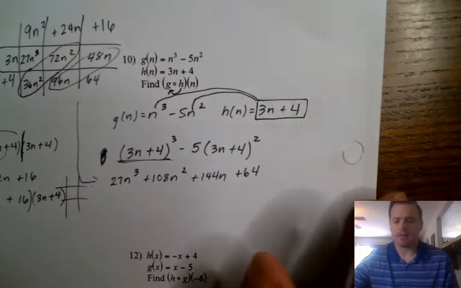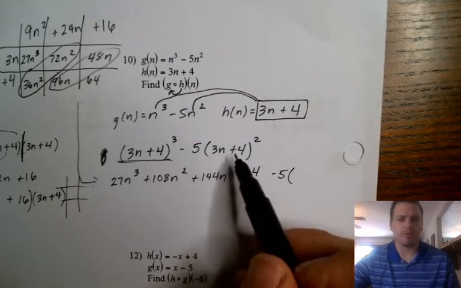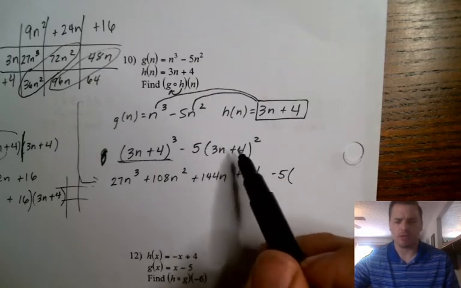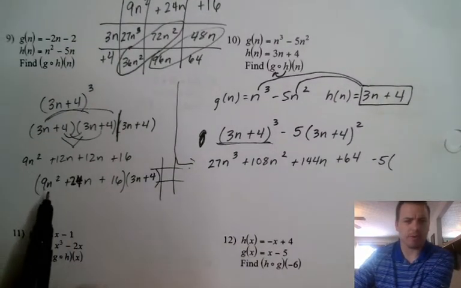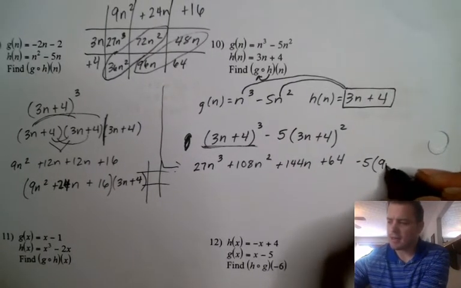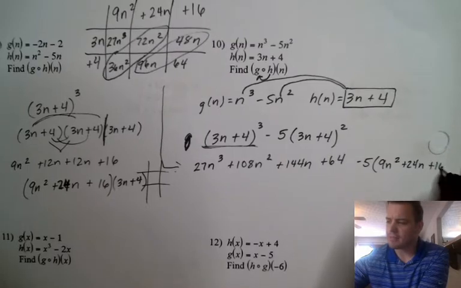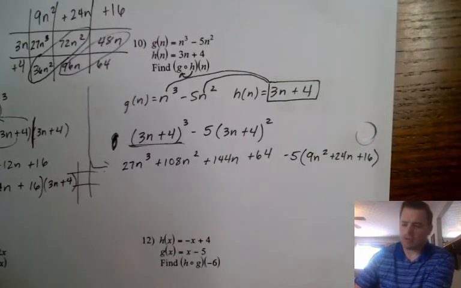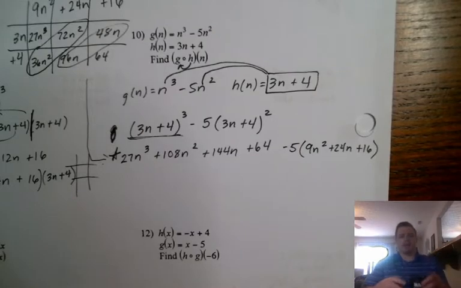And now we need to say minus 5 times whatever 3n plus 4 squared is, which is just FOIL, the same thing as over here, which we found to be 9n squared plus 24n plus 16. So this right here is your setup. That would be your next line if you did all that work correctly.